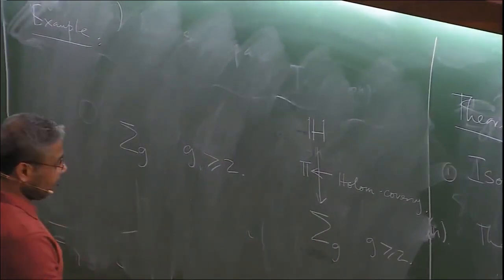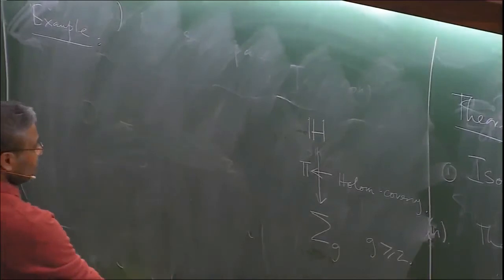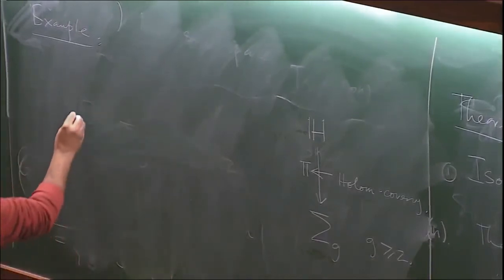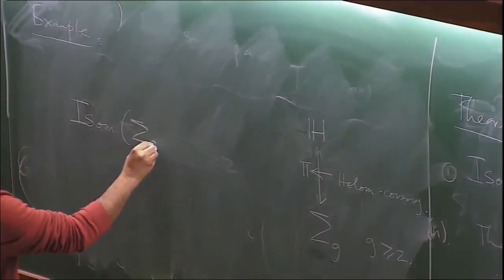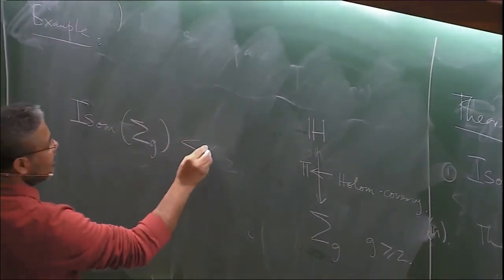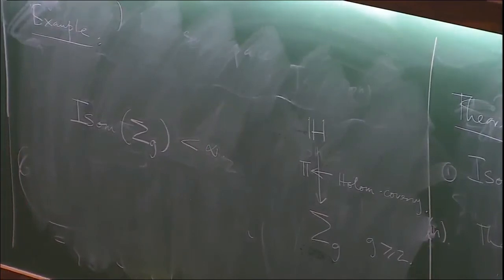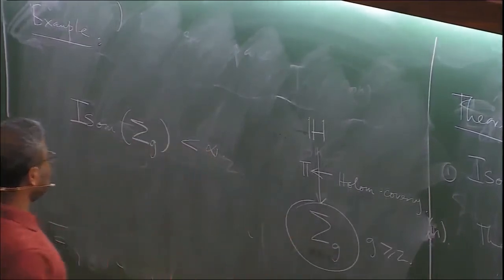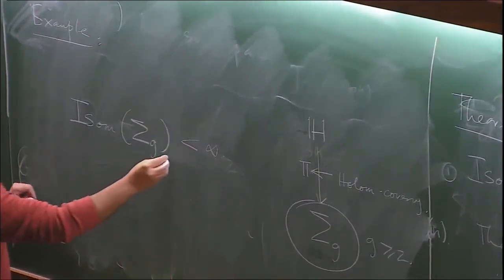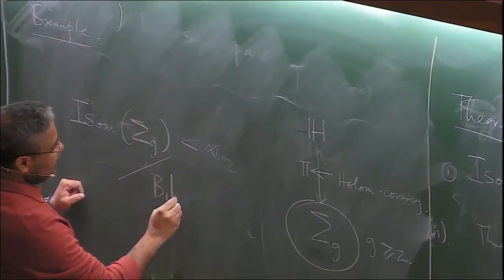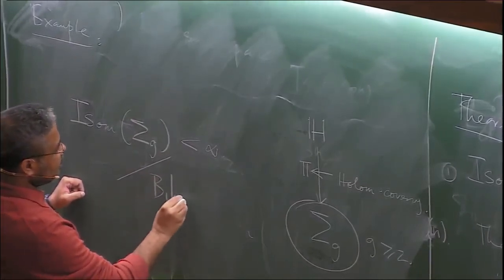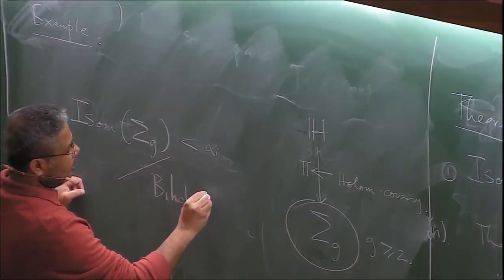Because the isometry group of this is finite. The isometry group of this one is finite because the isometry group modulo biholomorphisms, the bijective holomorphic maps of this, is finite.